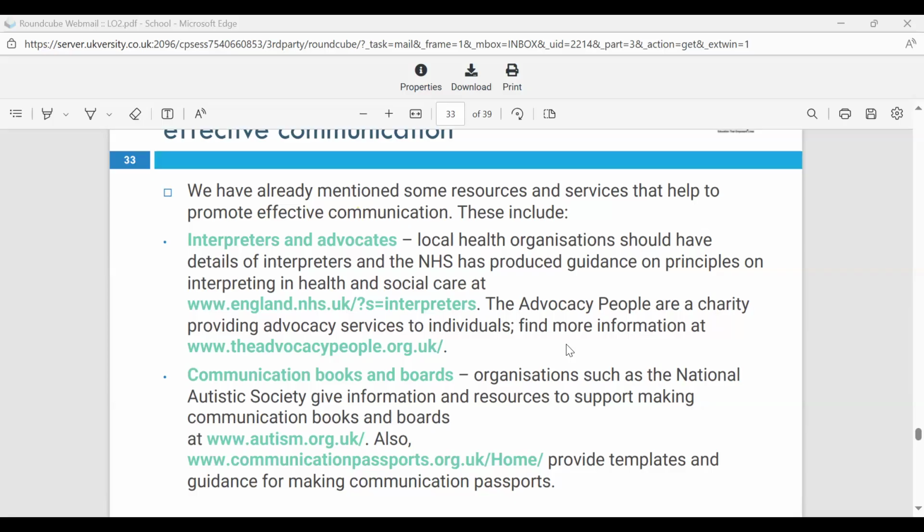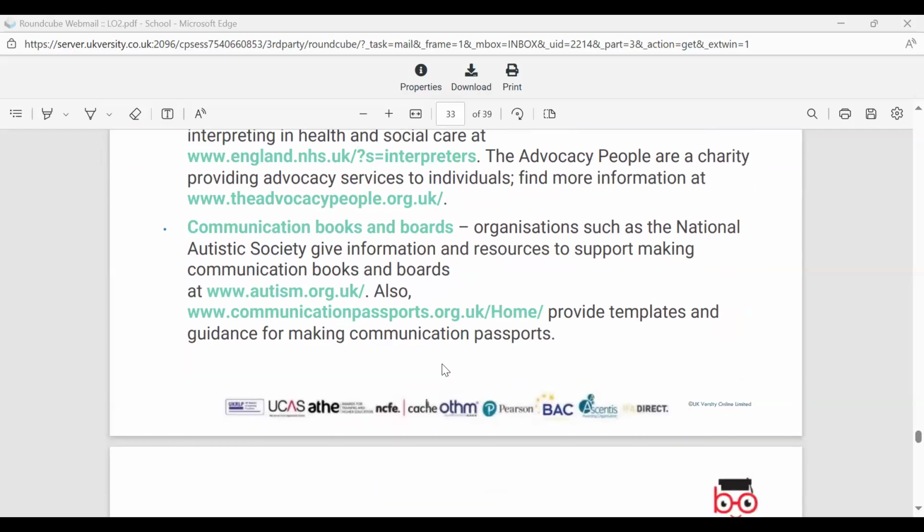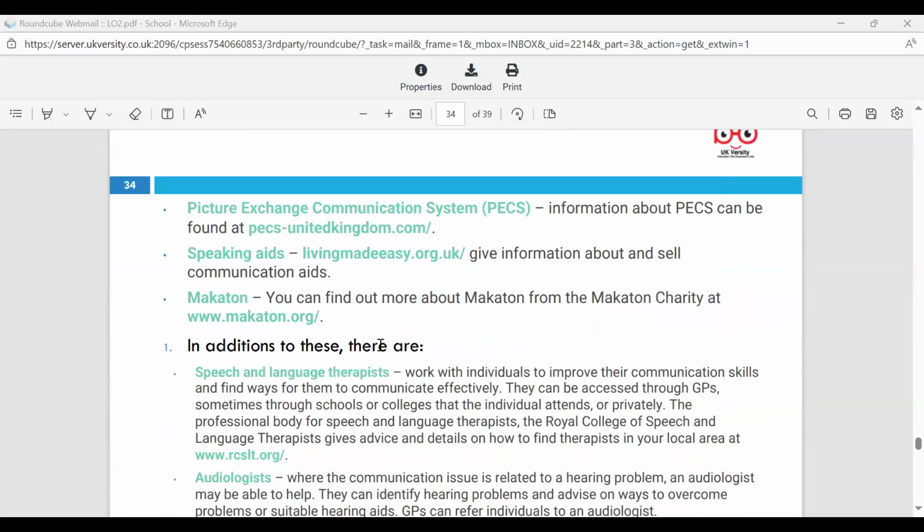You have communication books and boards. An example is the National Autistic Society, which gives information to support people, and books. Then you have communication passports as well, which provide templates. You have picture exchange communication, which is PECS, and that can be found at pecs-uk.com.